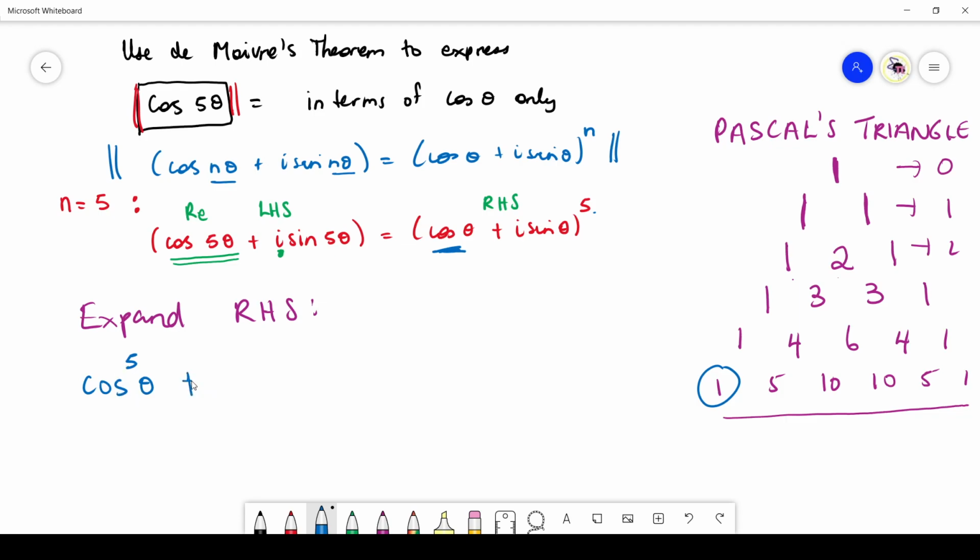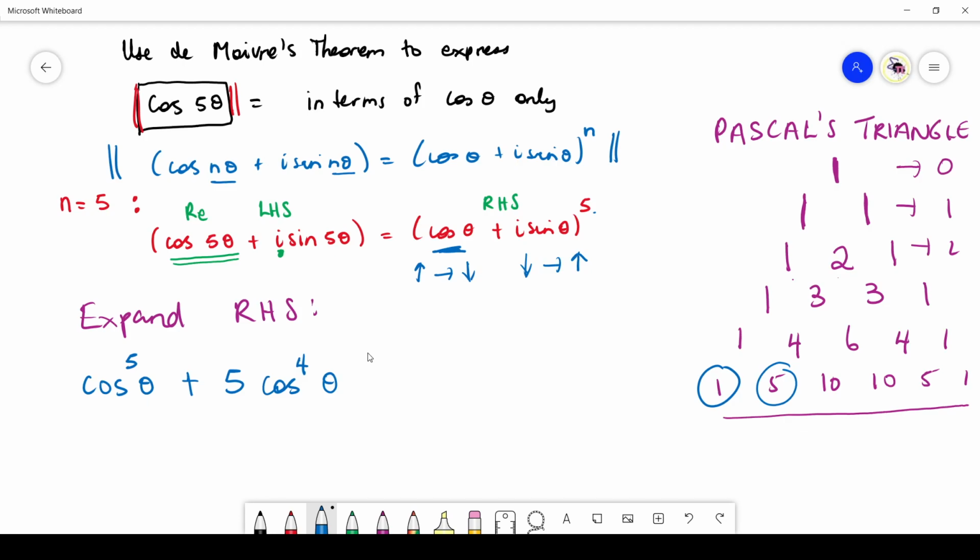And then we continue. For the second term, we're going to place the 5 in front. Then we use the first term and reduce the power by 1. You start with your first term from the highest power and you keep reducing it, and for the second term, you start from the lowest power and you keep increasing the power.